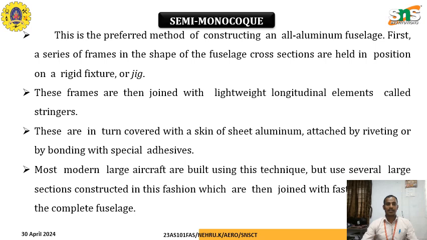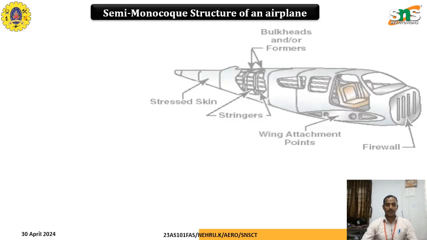These are in turn covered with a skin of sheet aluminum attached by rivets or bonding with special adhesives. Most modern large aircraft are built using these techniques but use several large sections, which are then joined with fasteners for the complete fuselage model.